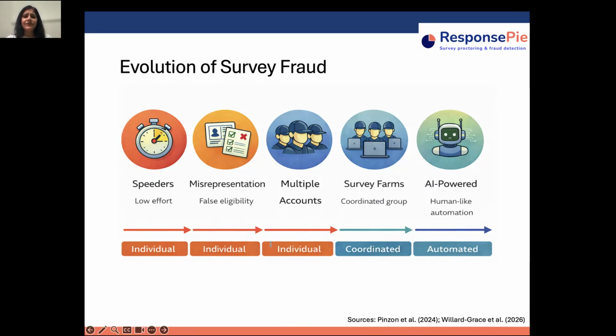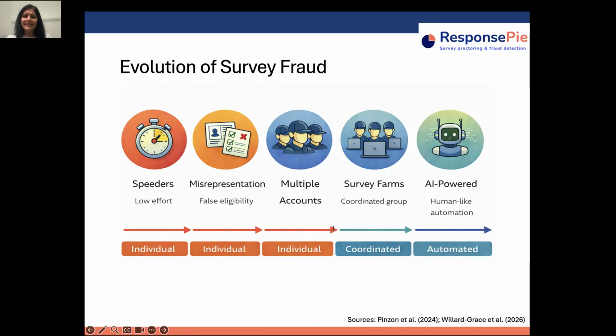And then at the very far end, you have AI powered fraud, which is a newer type of fraud that we're seeing more of today in online surveys. With AI powered fraud, responses aren't coming from humans at all. Rather, these are being generated by systems that can provide very human-like responses.